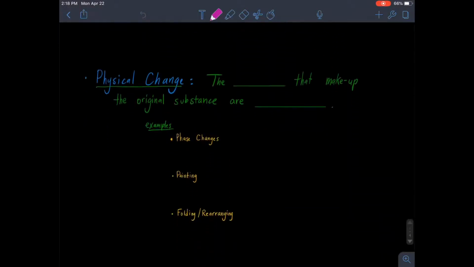So let's start with a physical change. A physical change means that the atoms that make up the original substance are unchanged. So they remain unchanged. This includes things like a phase change. So if I have an ice cube and it melts, it's still H2O.